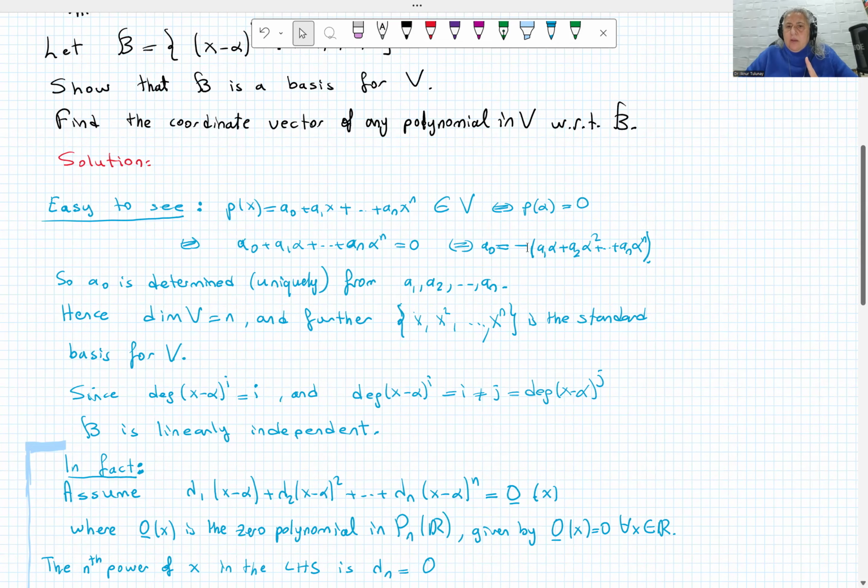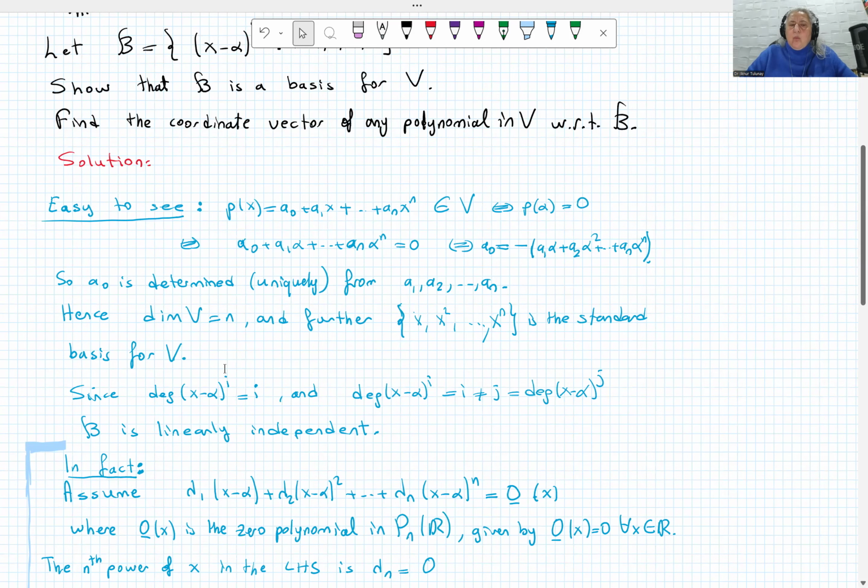So a0 will be minus a1 alpha, minus a2 alpha squared, and so on. So a0 is uniquely determined from a1, a2, up to an. So basically, V will be of dimension n because you have only n things to vary. And further, you can think of x, x squared, up to x to the n as the standard basis of this vector space.